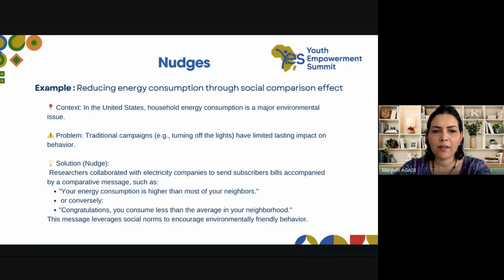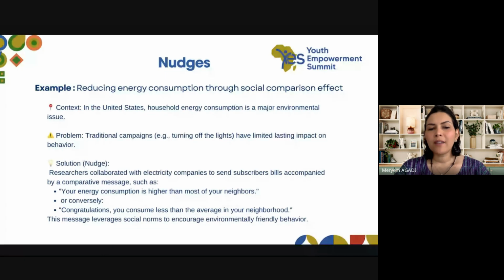For example, here we want to reduce energy consumption through the social comparison effect. The context is the United States, where household energy consumption is a major environmental issue. The problem is that traditional campaigns, for example turning off the lights, have a limited lasting impact on behavior.